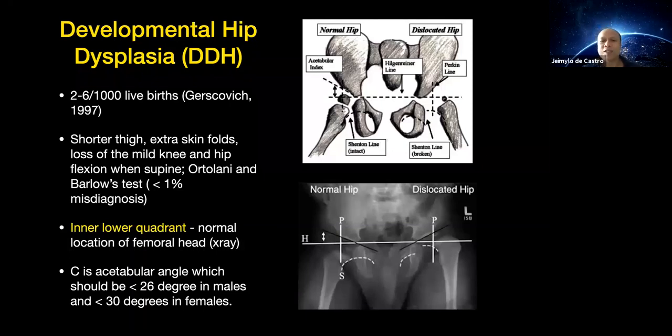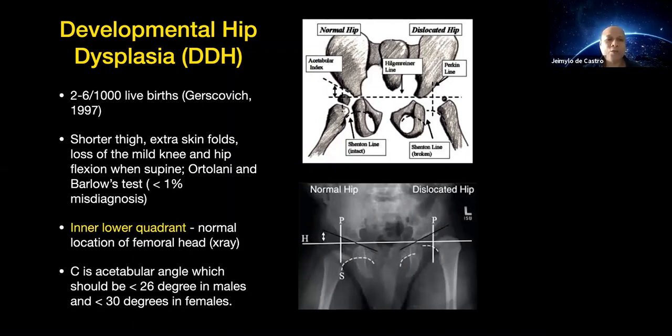Okay, so in this case, you will notice that the dislocated hip has a dislocation of the femoral head. It goes way up there, but on the left side, which is a normal hip, the femoral head is still found at the inner lower quadrant. But there are other physical examination findings that we see.